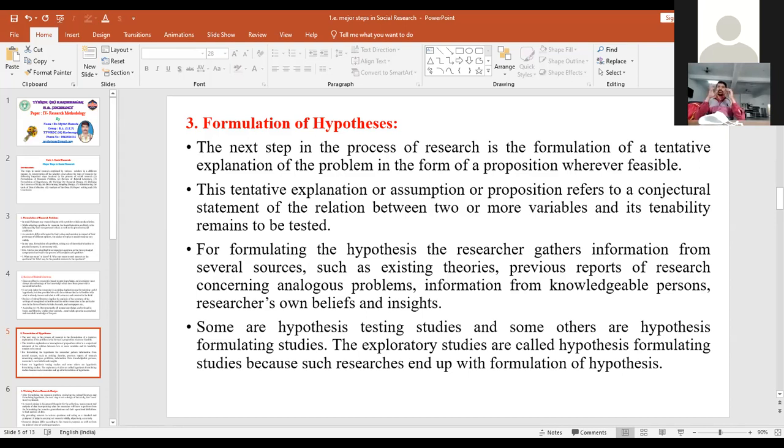problem. Some studies are hypothesis testing studies, and others are hypothesis formulating studies. The exploratory studies are called hypothesis formulating studies, because such research ends up with the formulation of hypothesis. So the experimentation takes place between the independent variable and the dependent variables.